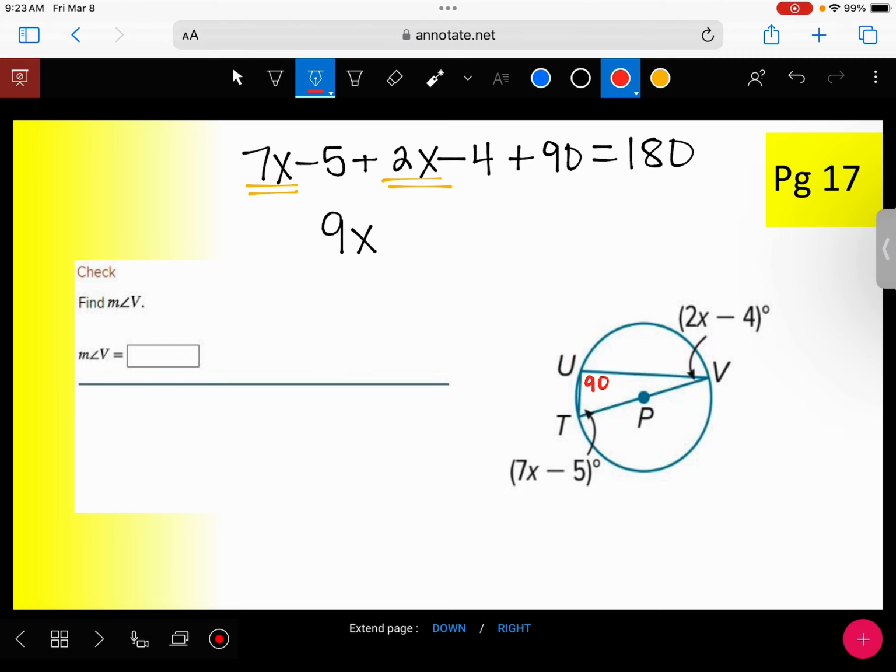And then you're going to add negative 5, negative 4, positive 90. So when you add those three numbers, do you get 81? Is that right? Okay.